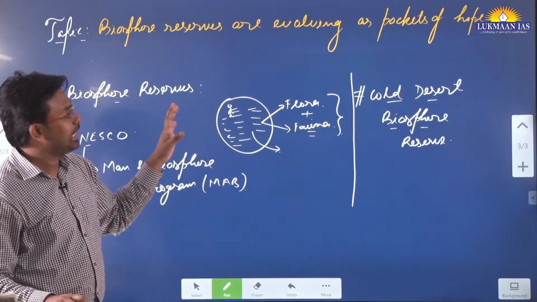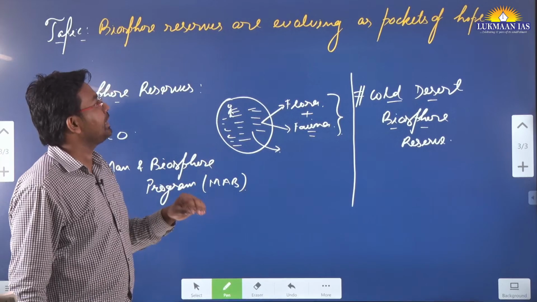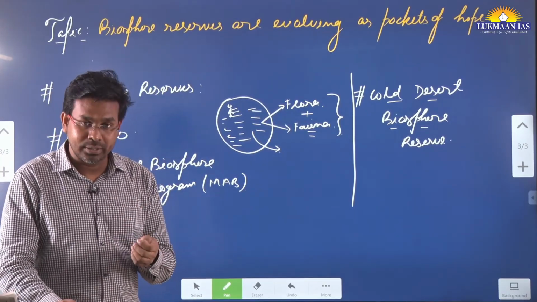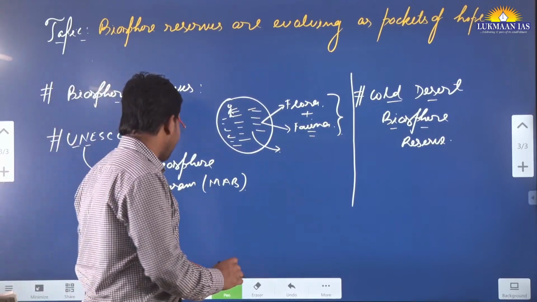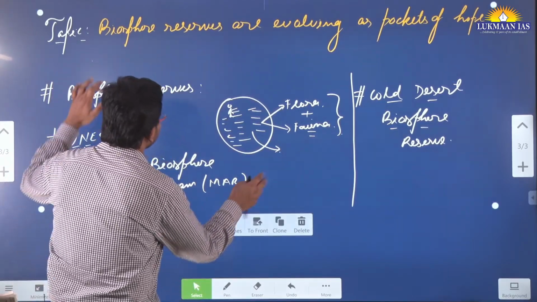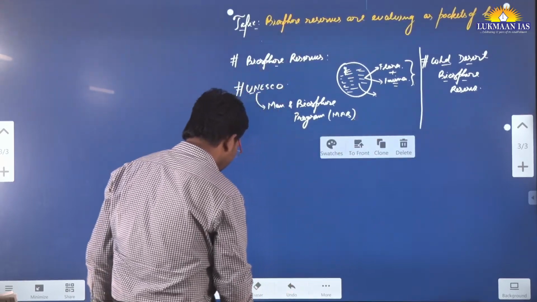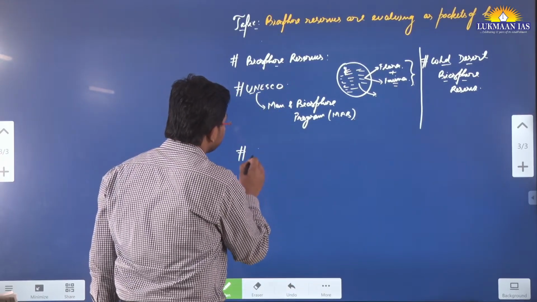In this article they have said that biosphere reserves are evolving as pockets of hope. Pockets of hope for what? Basically climate change is happening, and global warming is happening.